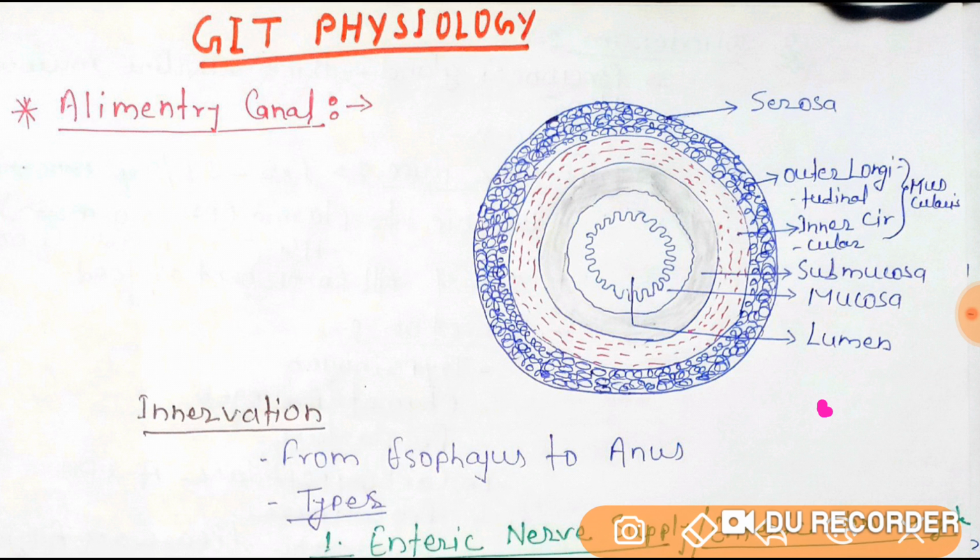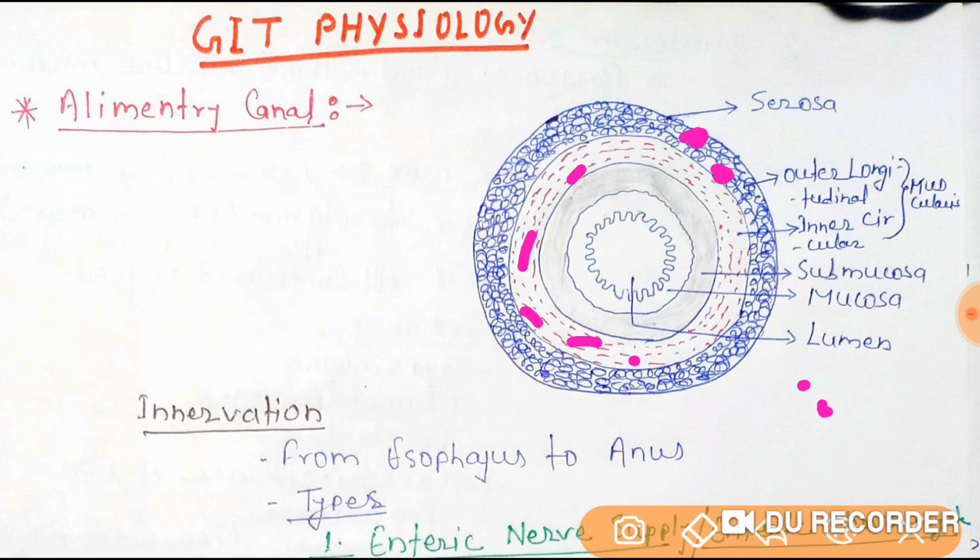In the muscularis, the outer layer is the outer longitudinal layer, then the inner circular layer. The pattern is circular in nature. Because it is a cross section, the longitudinal arrangement is represented vertically, and in the cross section the inner circular layer will appear as a circular pattern.